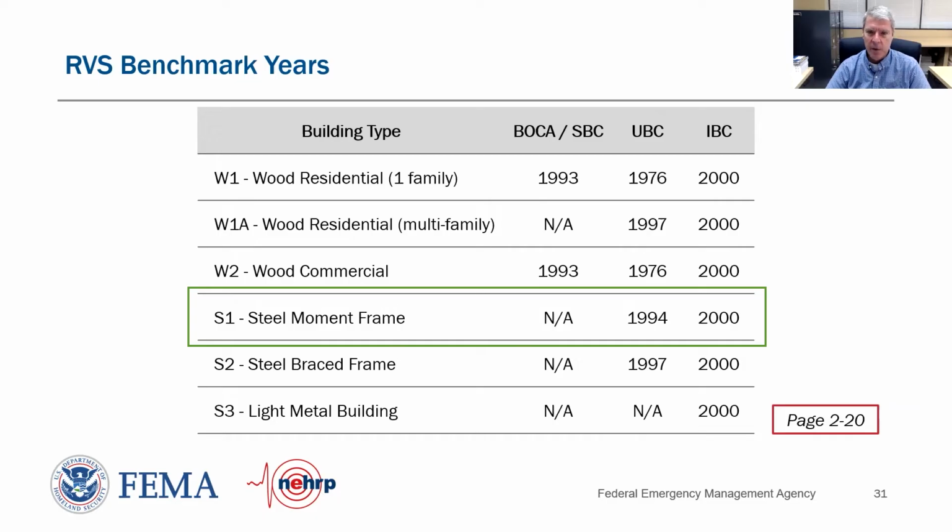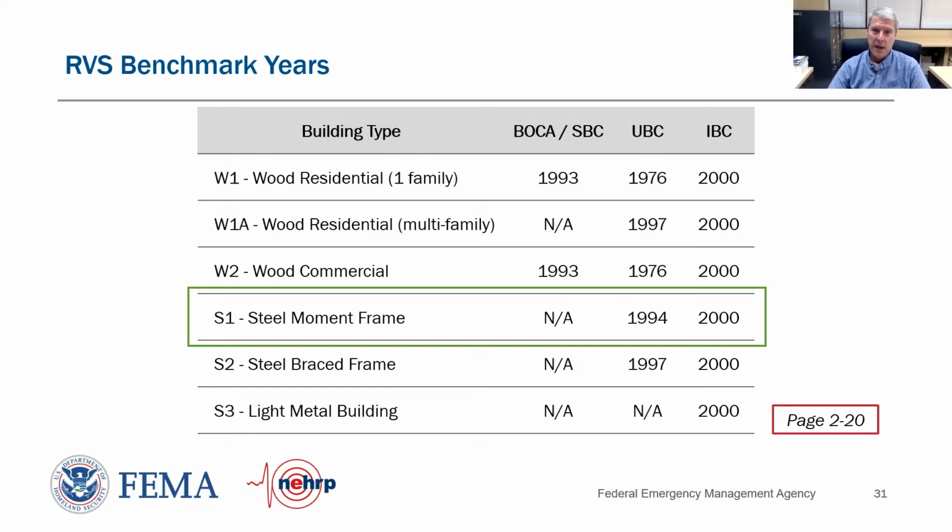In 1994, the Northridge earthquake occurred in Southern California, and it caused a significant change in the seismic design provisions for steel moment frame buildings due to the damage that was experienced there. That resulted in pretty significant changes for steel moment frame design in moderate and high seismic regions.